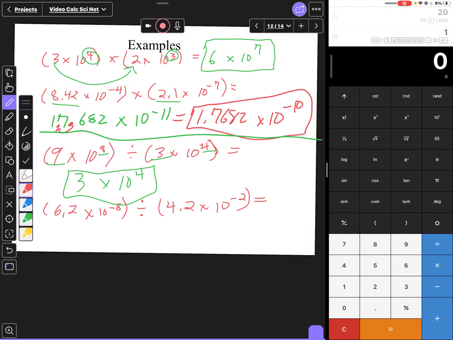So I'm going to take the 6.2 and divide it by the 4.2. And I get 1.476, and I'm going to cut that off at 1.476.